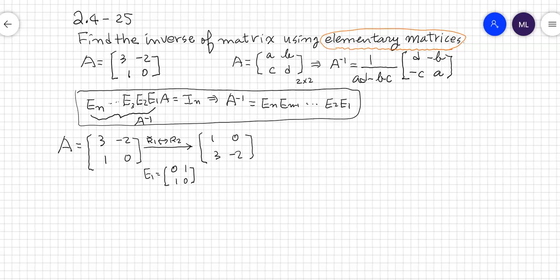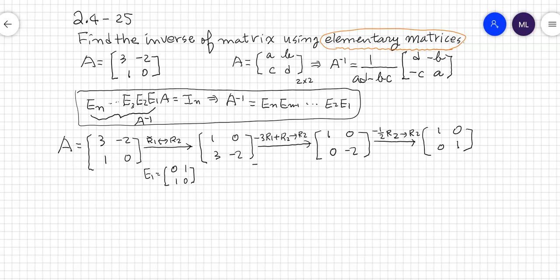That is interchanging two rows. The second operation is negative 3 R1 plus R2 goes to R2, giving 1, 0, 0, negative 2. The last one is negative 1 half R2 goes to R2, so there will be 1, 0, 0, 1.